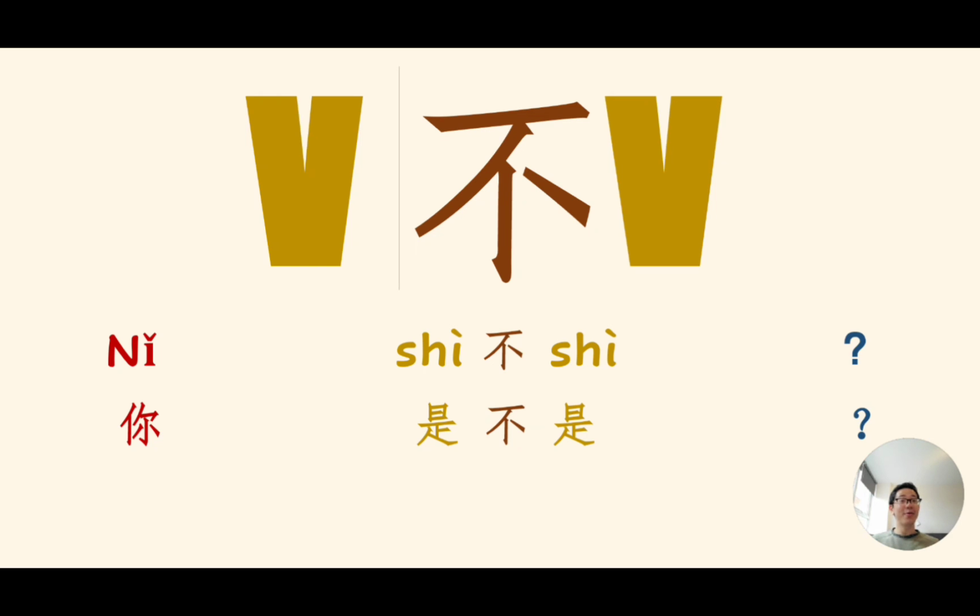It can be a very easy way to ask a yes or no question. For example, are you or are you not Duanduan? 你是不是段段? When we put them together, 你是不是段段? One more time. 你是不是段段? Very good.